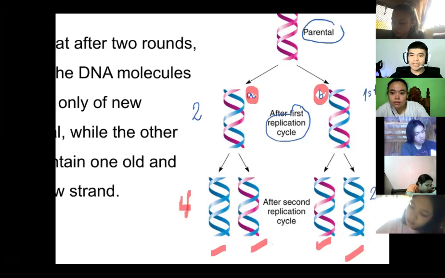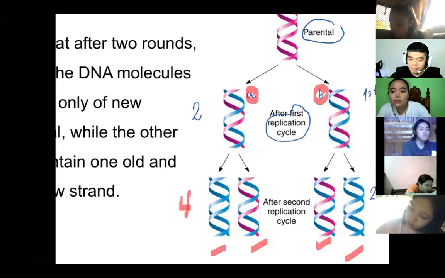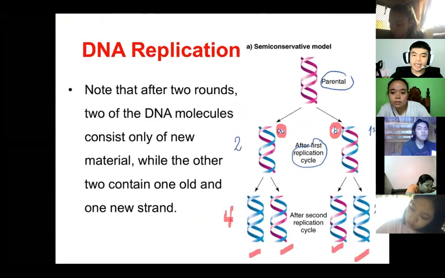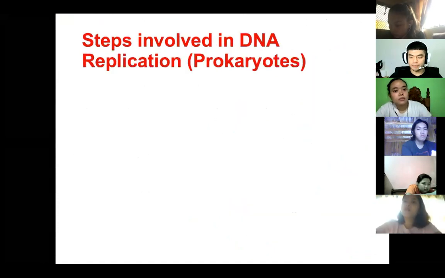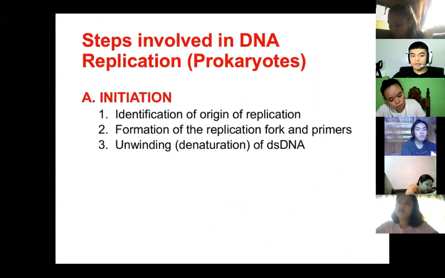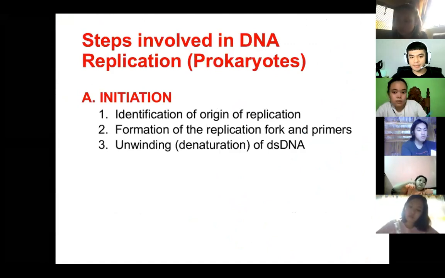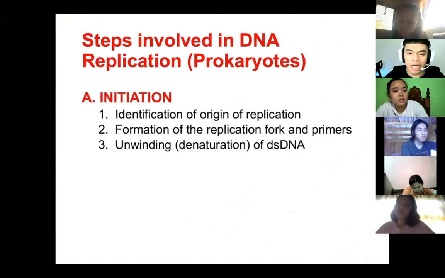Pero ang bottom line, hindi pwedeng maputol yung pinanggalingan na parental strand. Okay? So yan ang ibig sabihin ng semi-conservative. Distinct yan sa DNA replication. Everyone, are you getting me so far? Okay, very good. So nasa tip pa lang tayo ng iceberg. Okay, palalalimin natin siya ng palalalimin as we go along.